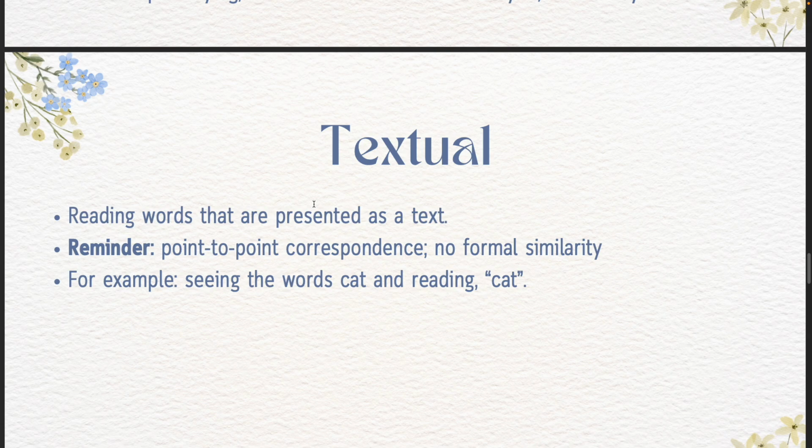In this case, there is point-to-point correspondence, okay, because you are reading what you're seeing and it should be exact, but there's no formal similarity. For example, if you see the word cat and you read cat. If you see on the whiteboard the word dog and you sign dog. These are all textual. So think of textual as simply just reading something, okay?